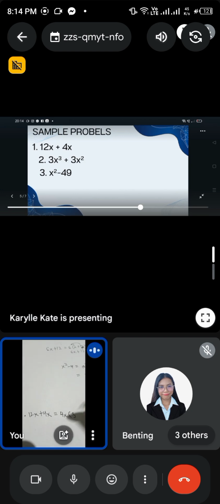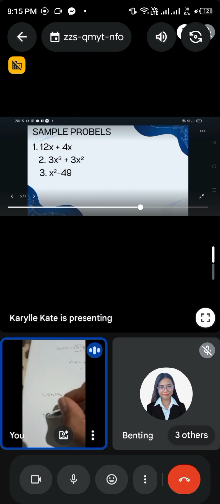Since we have taken out the x, what will be inside the parenthesis is 3 plus 1. So let's try if our factoring is right. Let's distribute this 4x to inside the parenthesis. So this will become 12x plus 4x. So I guess we are right in our factoring.